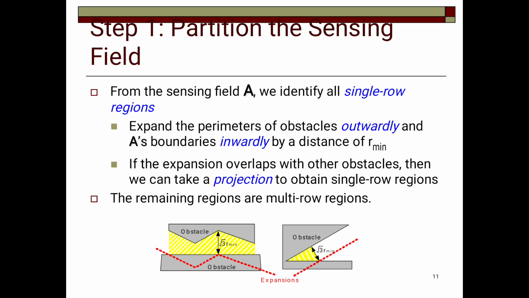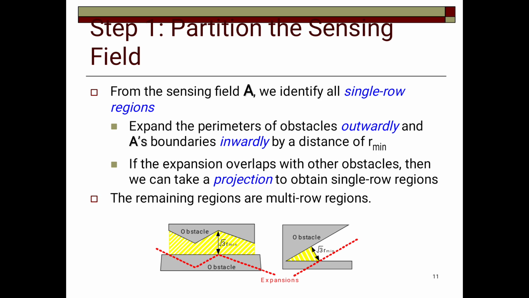From the sensing field A, we identify all single row regions. Expand the perimeters of obstacles outwardly and A's boundaries inwardly by a distance of R min. If the expansion overlaps with other obstacles, then we can take a projection to obtain single row regions.